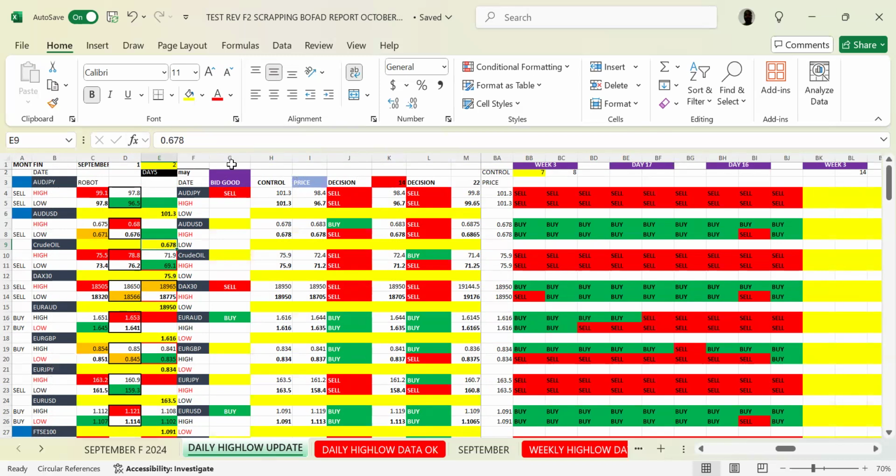Also here, in some cases, you can see that it has decisions. So for example, AUD JPY here is telling us to sell. DAX here is telling us to sell. Euro AUD here is telling us to buy. So that's also based on some conditions of some prices and a different logic as well.